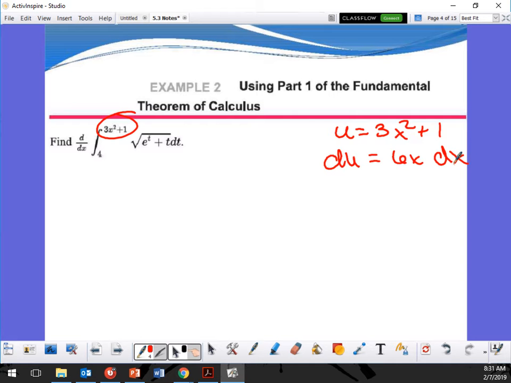I know this is probably a little bit more complicated than what we've done so far, but you wanted the explanation of why. So the next piece. When I do this, it's going to be the square root, e to the u, plus u, whatever my u is. And that's going to be du, right?